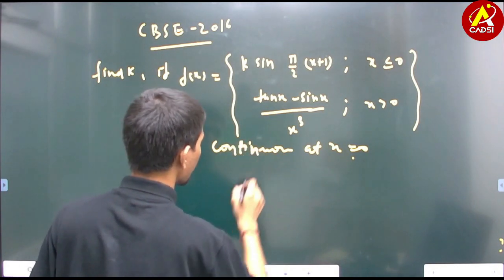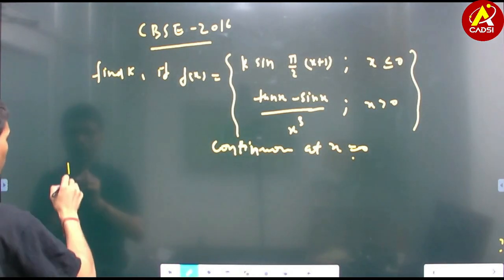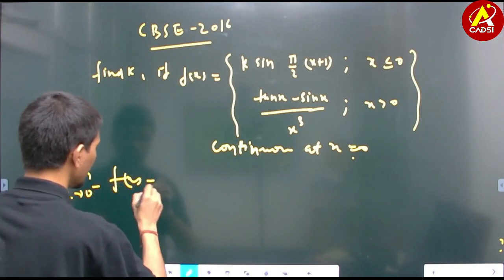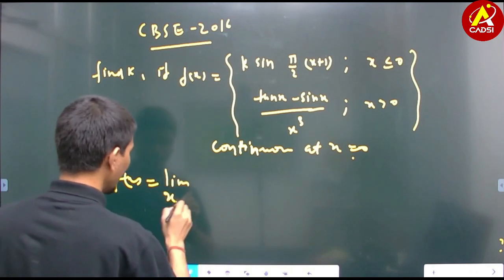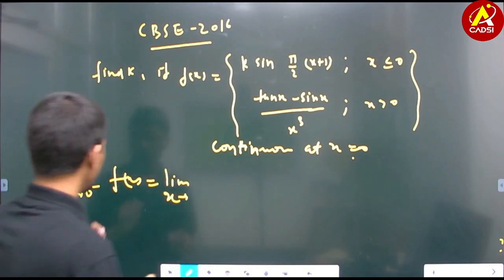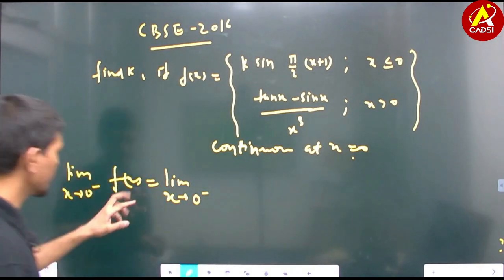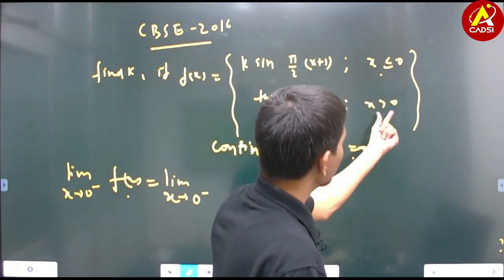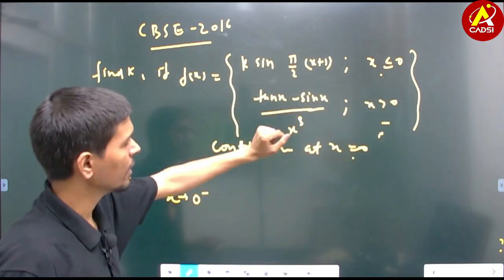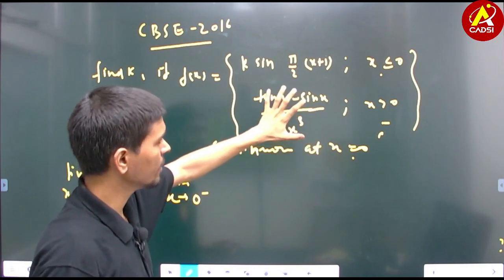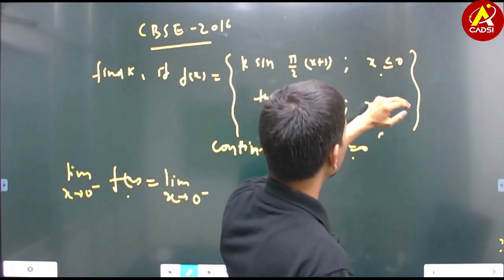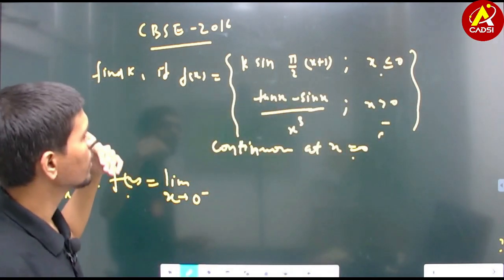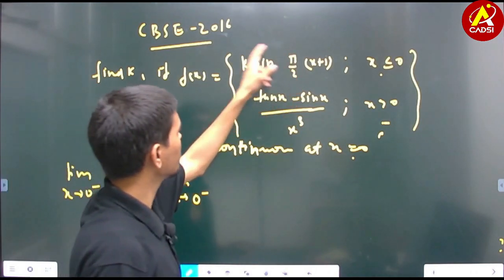So now limit x tending to 0 minus f of x.